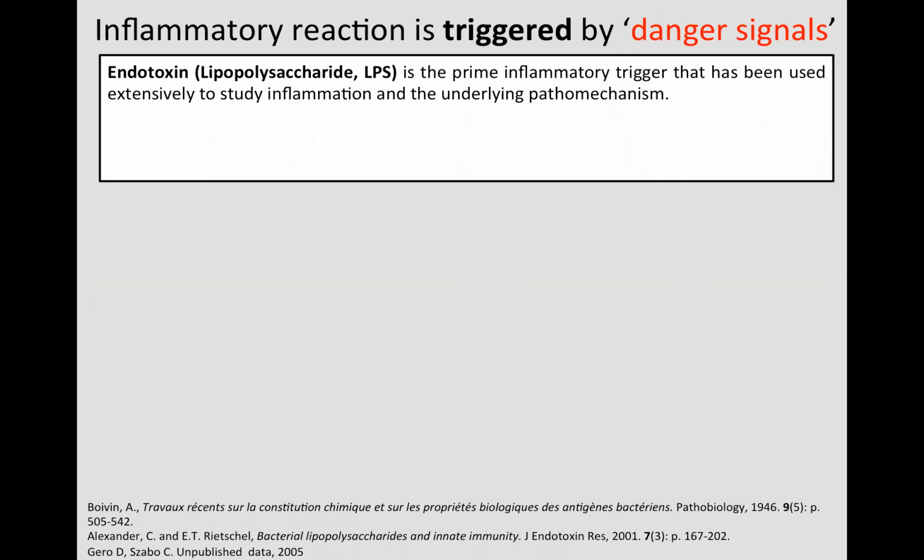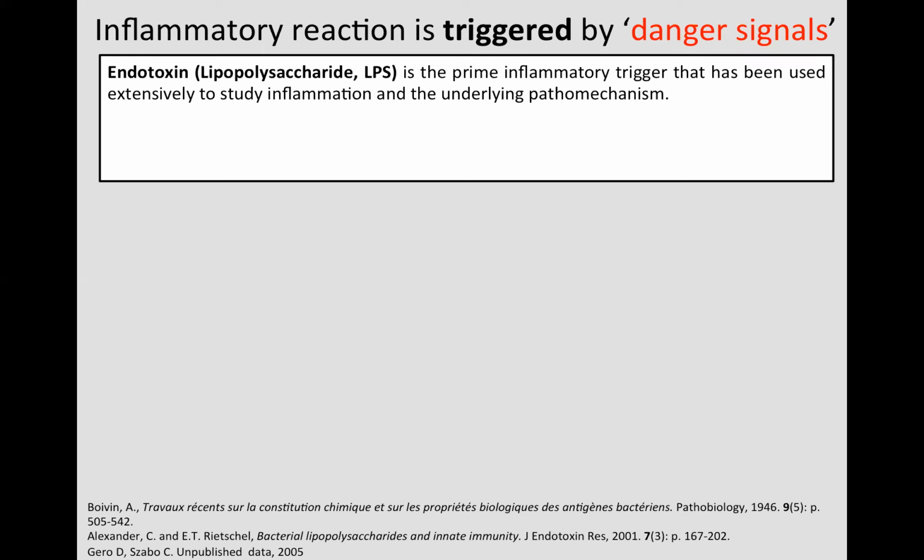So let's start with endotoxin, the prototypical danger signal. It was called endotoxin because in the beginning they believed that this was an internal material in bacteria, which was released only after the cell lysis, as opposed to the exotoxins produced by certain bacteria, for example, the diphtheria exotoxin.